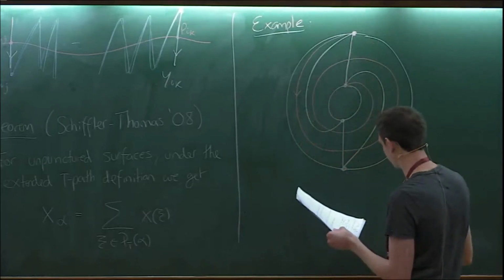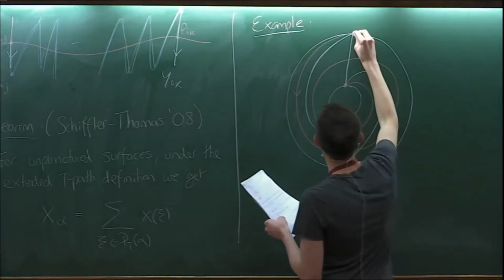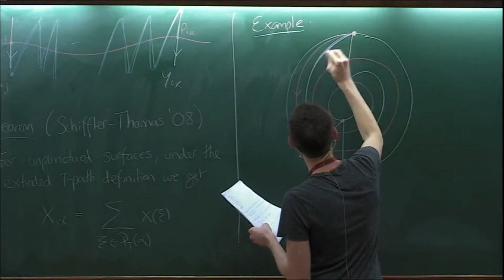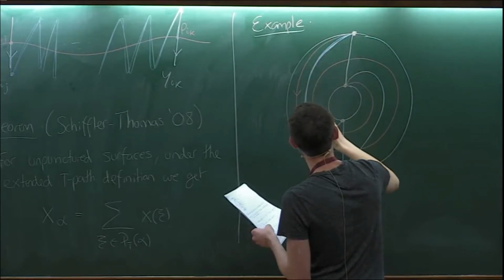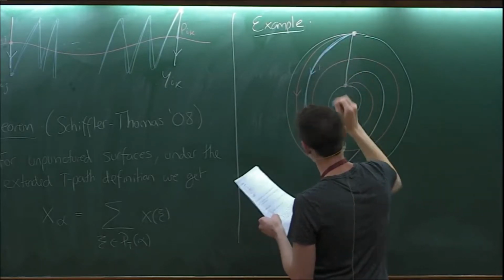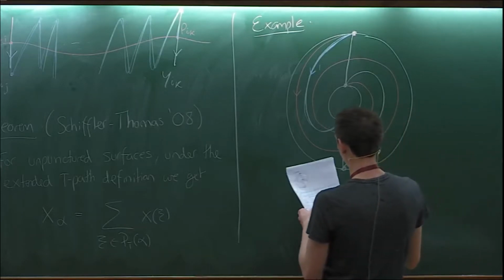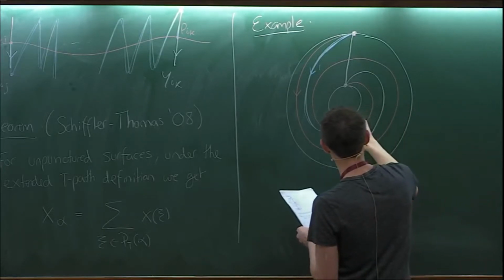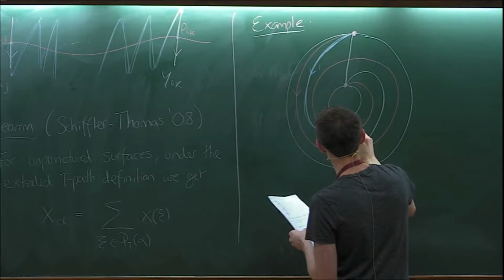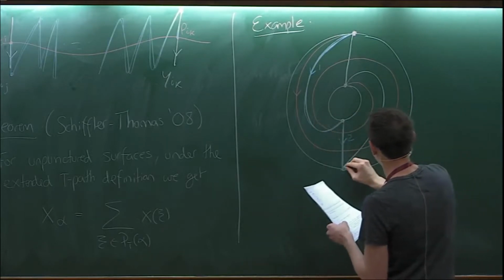So this is the starting point. We'll choose this to be arc number 1. Then arc number 2 has to cross. We can pick 3.